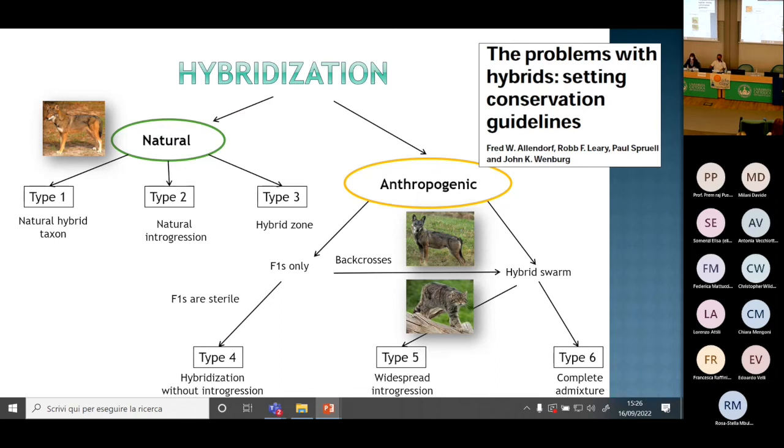Unfortunately, during the last decades, a new kind of hybridization is spreading, the so-called anthropogenic hybridization, which is caused or favored directly or indirectly by human activities, and which can have deleterious consequences on the fitness of natural populations whose genomes can be compromised or even extinct by the introgression of alien or domestic genes.